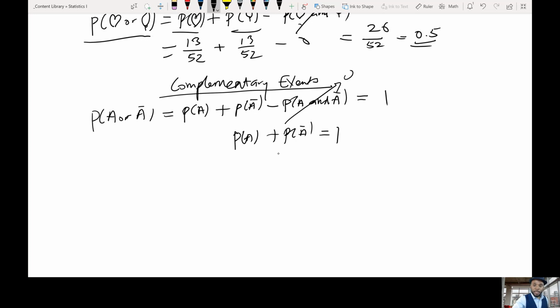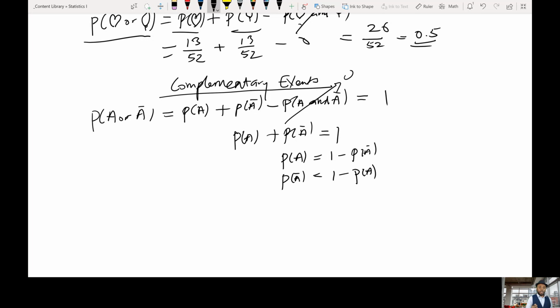And we can see that the probability of A is equal to 1 minus the probability of A complement, and the probability of A complement is equal to 1 minus the probability of A. So this is the complementary rule. You can also apply this to various examples in the textbook and on the homework assignments.